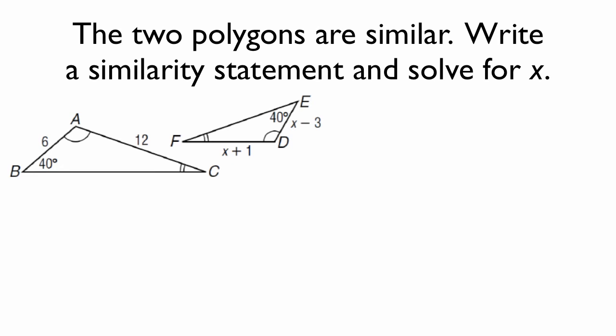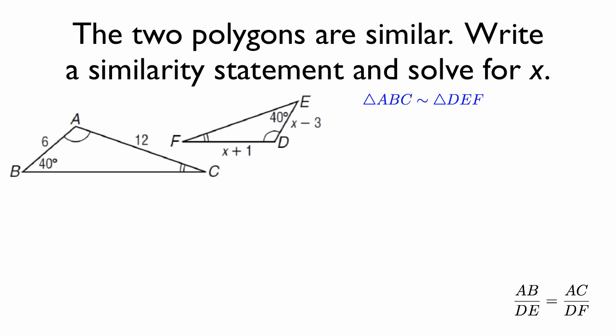Here's another pair of similar polygons. The similarity statement here, if we say triangle ABC, that must correspond with triangle DEF. Now DEF is in a different orientation, so we'll have to take care when writing a proportion to solve for x.